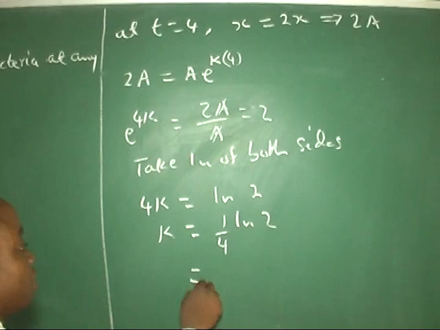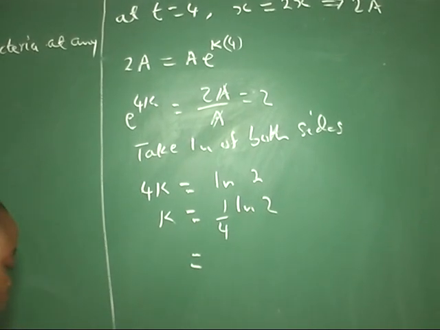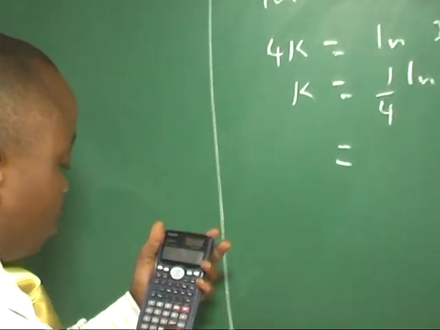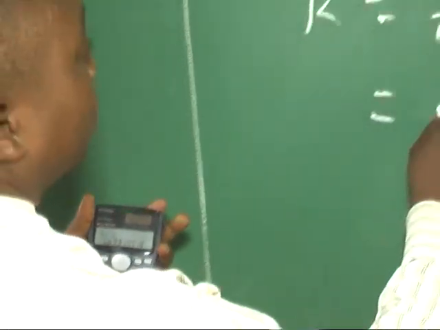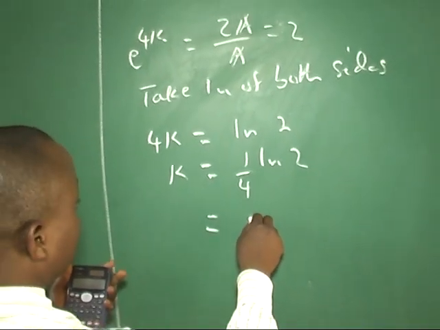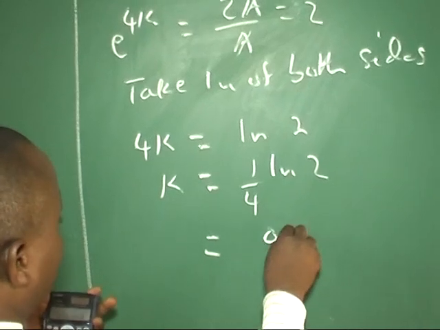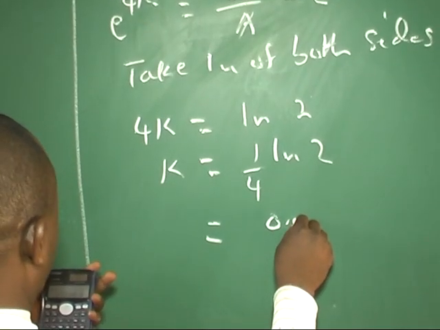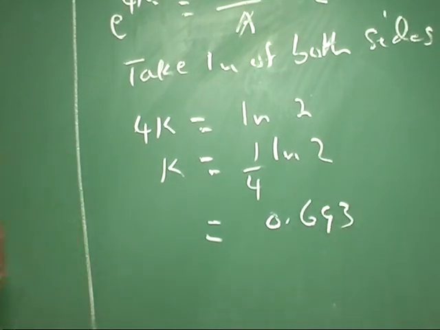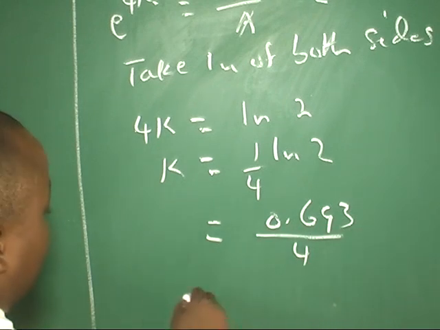Now we'll find the value of ln 2, and that gives us 0.693 divided by 4.